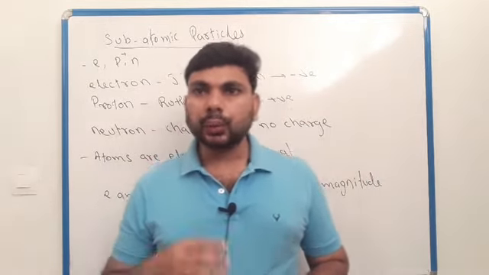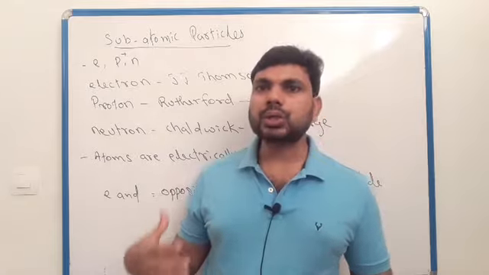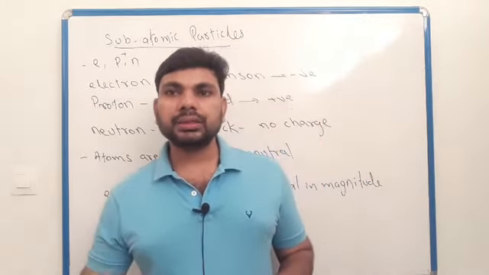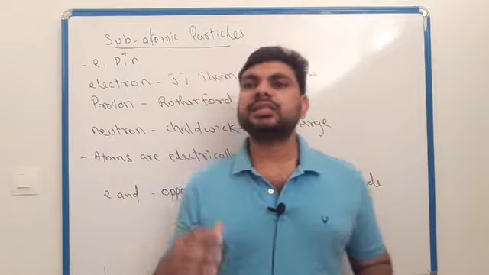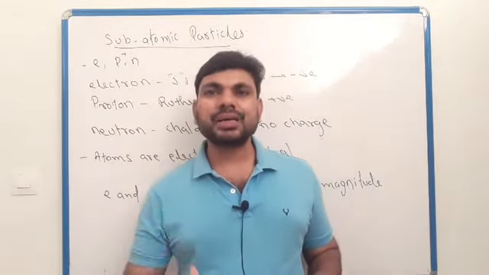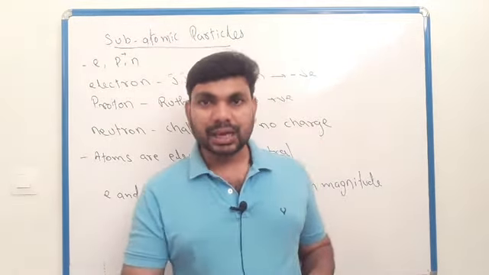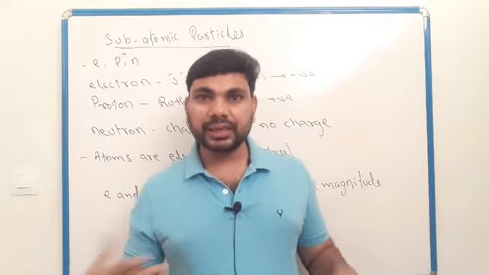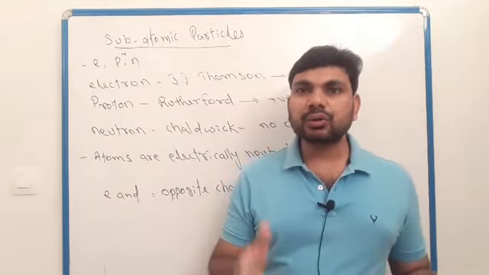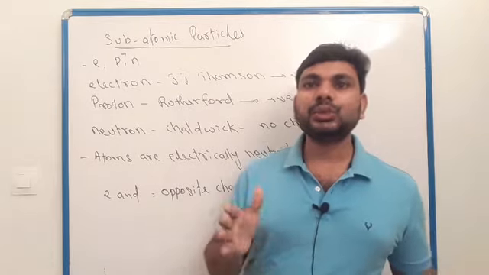Next, we have to understand more details about subatomic particles. We know electrons, protons, neutrons are subatomic particles. I told you before, the term atom was first suggested by John Dalton, who said atoms are indivisible. But further experiments show that atoms consist of electron, proton and neutron.